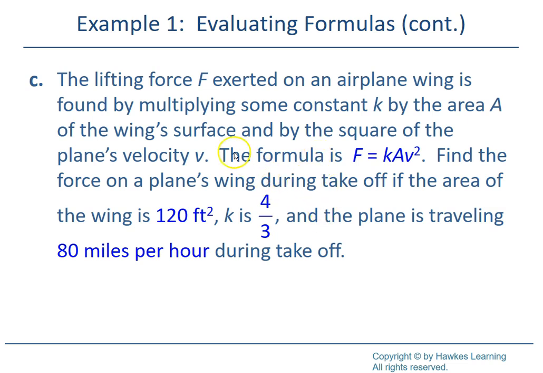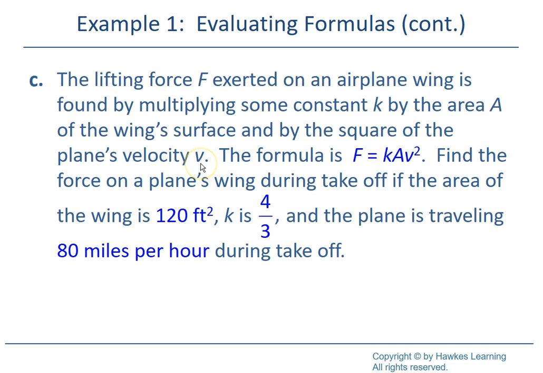Now in this case, they're talking about the lifting force, F, exerted on an airplane's wing is found by multiplying some constant K by the area of the wing's surface, which is the A, and the square of the plane's velocity.